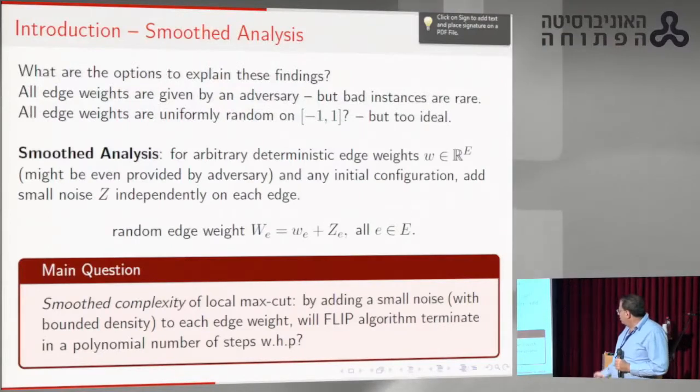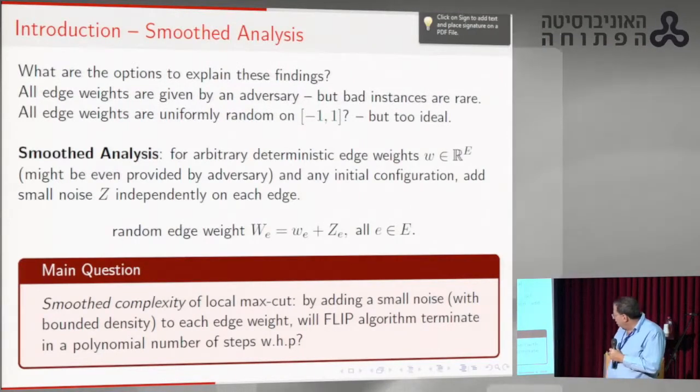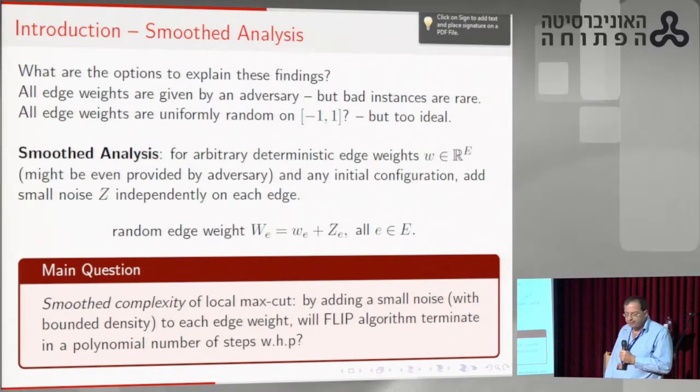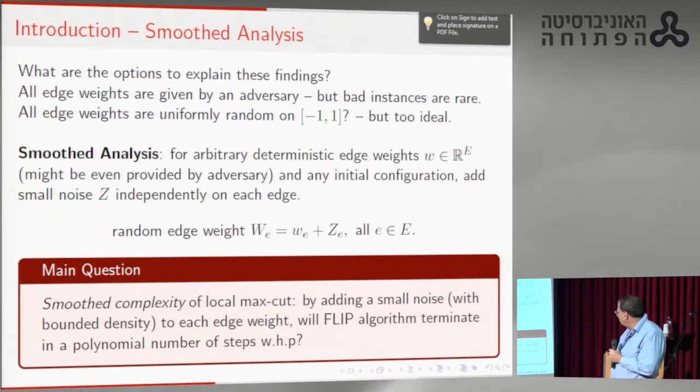Formally you model it as weights that are chosen in worst case and then perturbed, say, uniformly in a small interval around these initial weights. And that's what the weights that we are going to observe. So we're looking at almost worst case weights, but then allowing a perturbation in some constant size interval. That's what smooth analysis is about, and I guess initiated by Spielman and Teng in this context of the simplex algorithm.